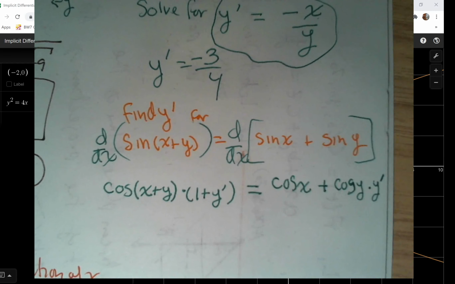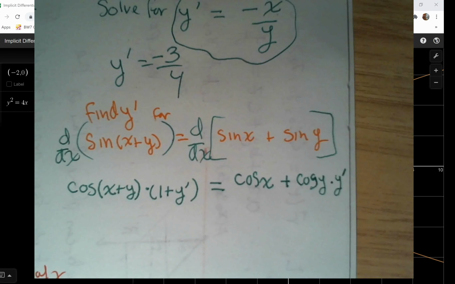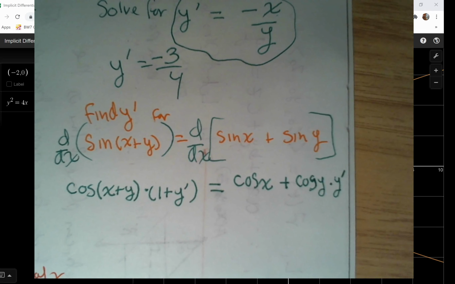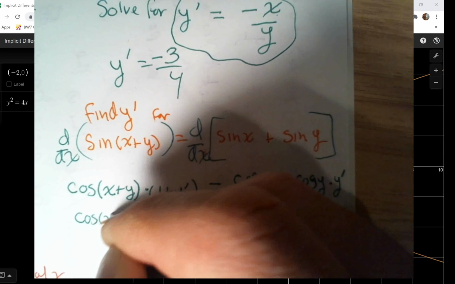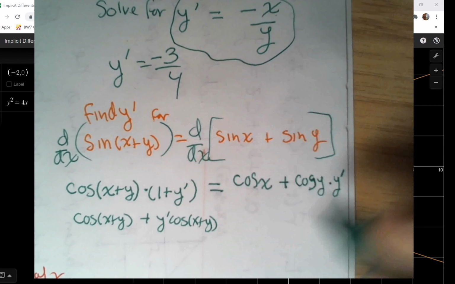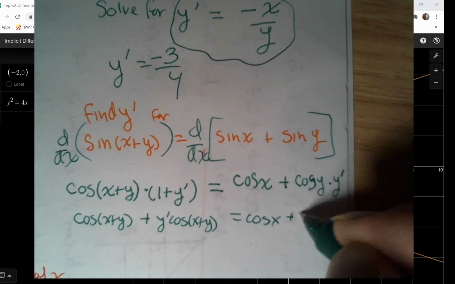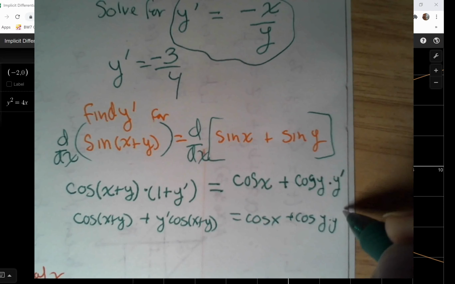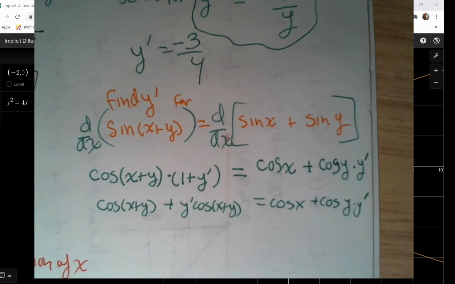All right, now we're not quite done here. In order to finish a problem like this, I want to have y prime equal to something and everything else on the other side of the equation. So we can distribute here. All right, and what I'm going to do is bring whatever has a y prime to the left side of my equal sign and everything that doesn't to the right.